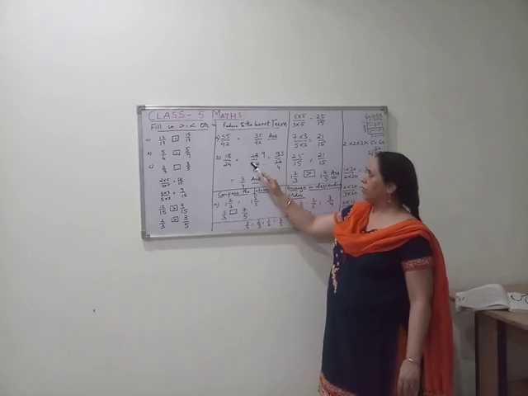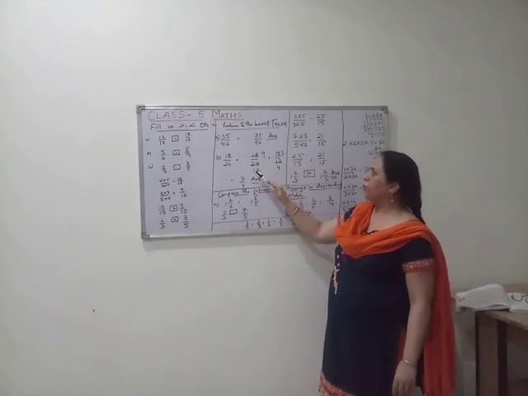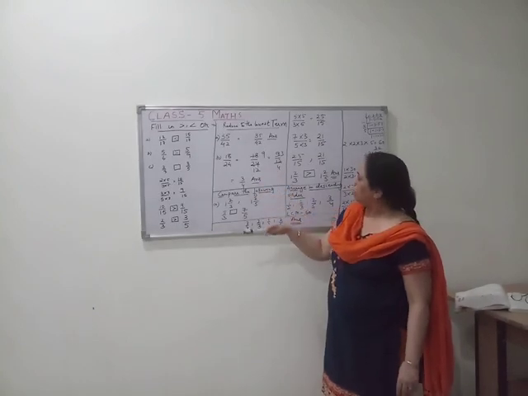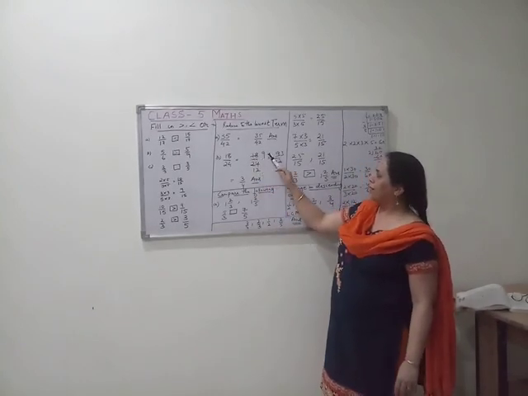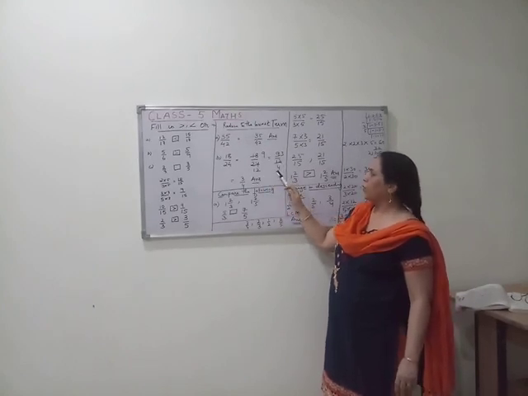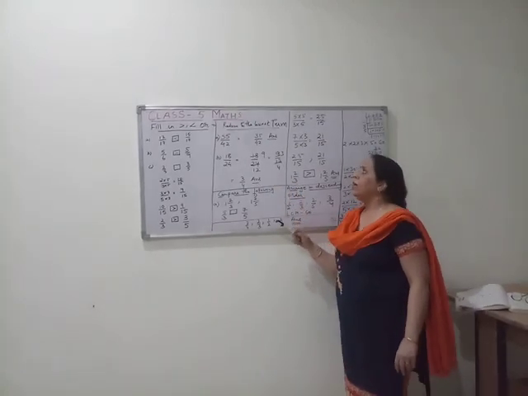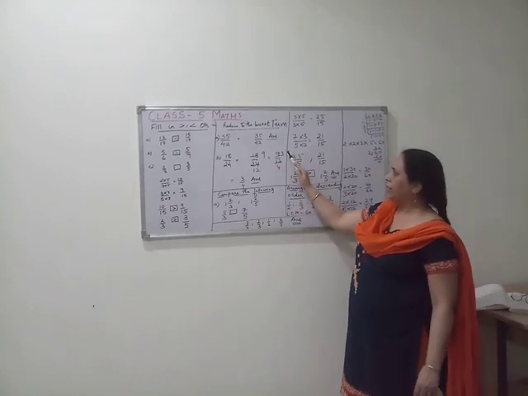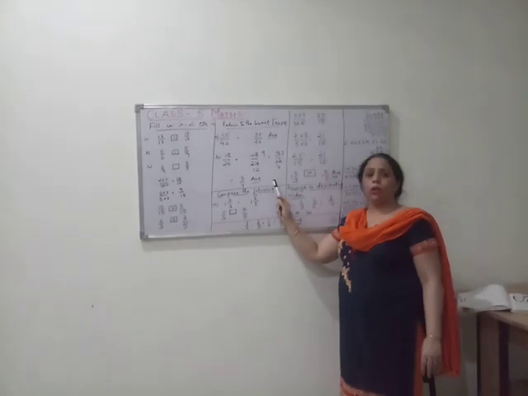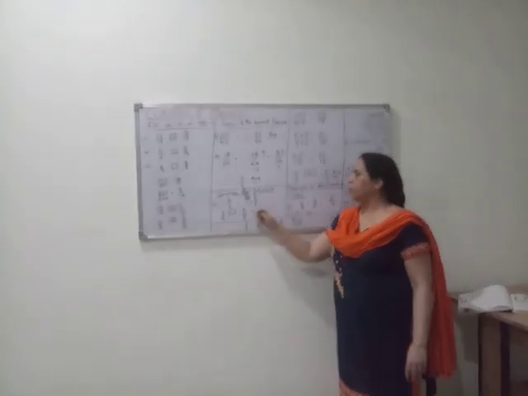We have reduced 18 upon 24 by 2: 2 nines are 18 and 2 twelves are 24. This 9 upon 12, again we have reduced by 3: 3 threes are 9 and 3 fours are 12. Now 3 upon 4 has come and we cannot reduce the fraction any further.